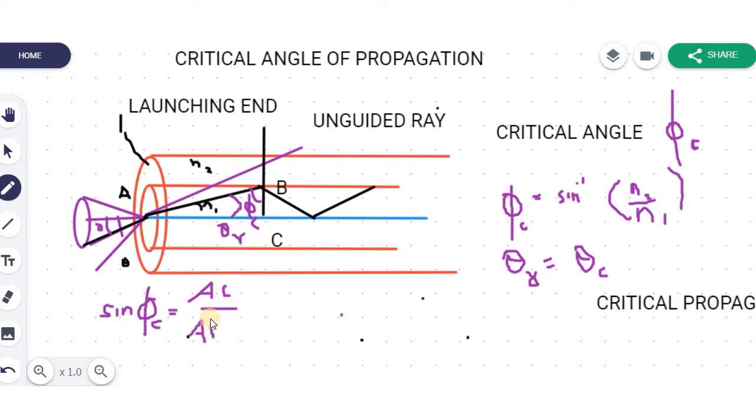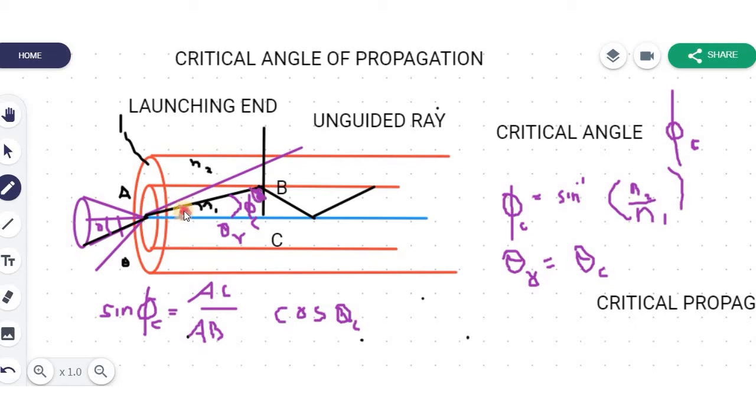And what is cos theta c? Theta c is this angle, and theta r becomes theta c. Phi c was this angle, and theta c is this angle.